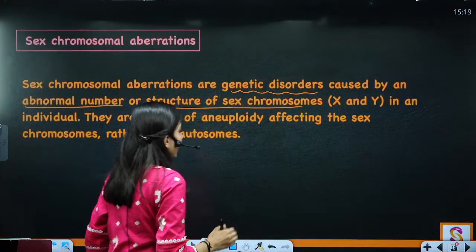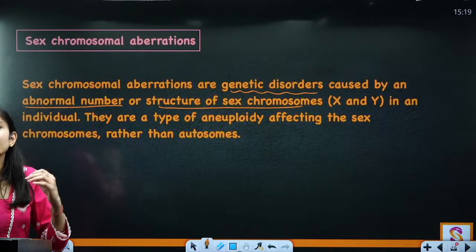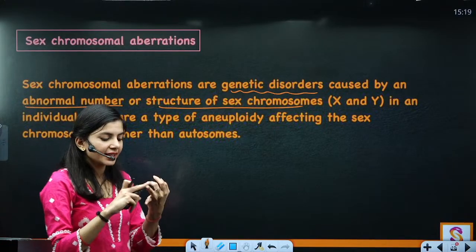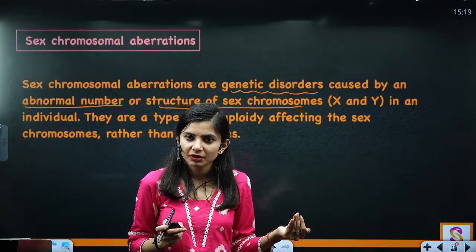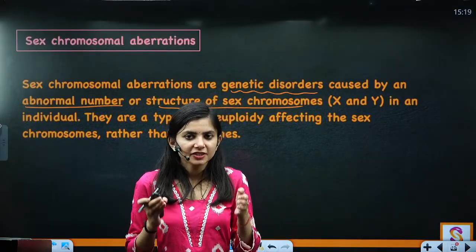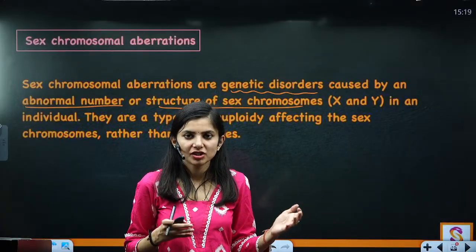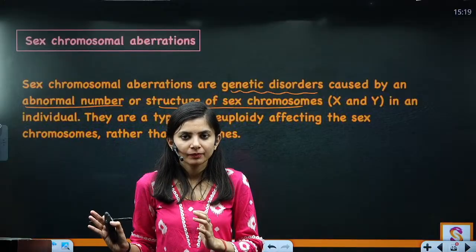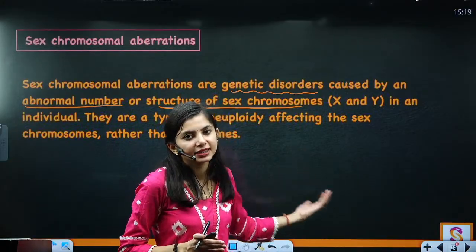Sex chromosomes X and Y. Fine. So where is it happening? In case of oogenesis, in case of spermatogenesis. So which process is responsible for that? There is a normal process where these chromosomes, during reproduction, need to be separated. But when they are not able to separate, then this would happen.